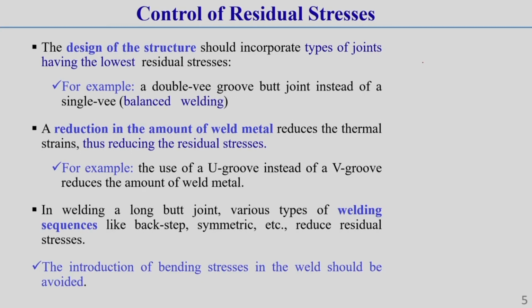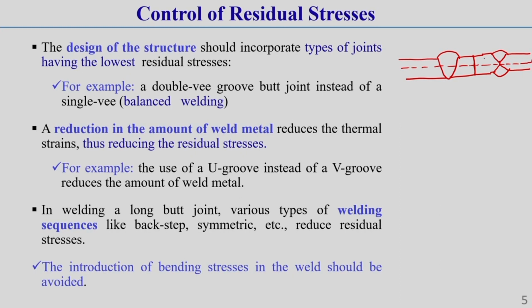That way, instead of doing a single V type of butt joint, if we do a double V type of butt joint, then you can imagine we can control the residual stress distribution significantly. How it is, a little bit of idea I am just going to show you.